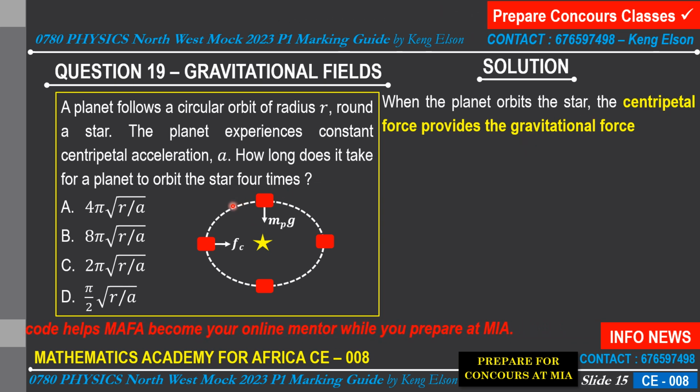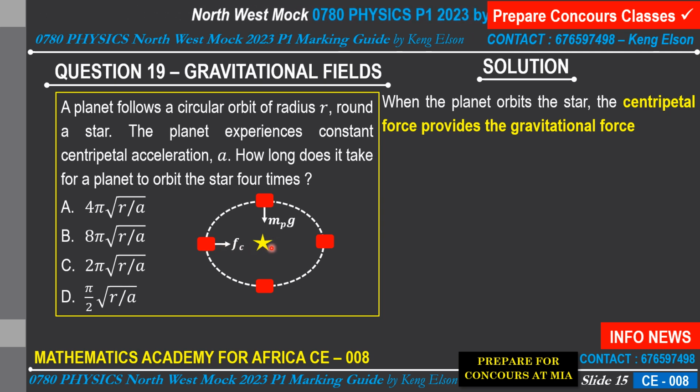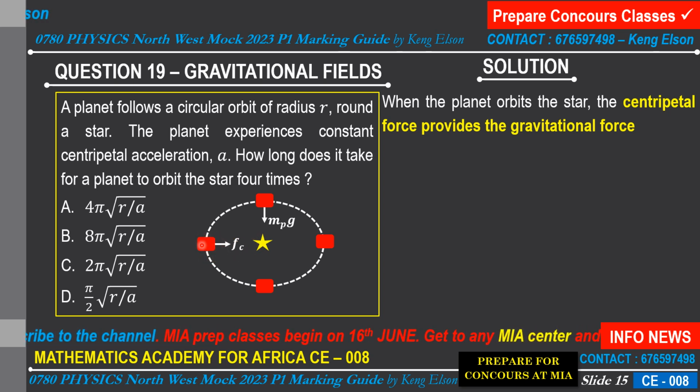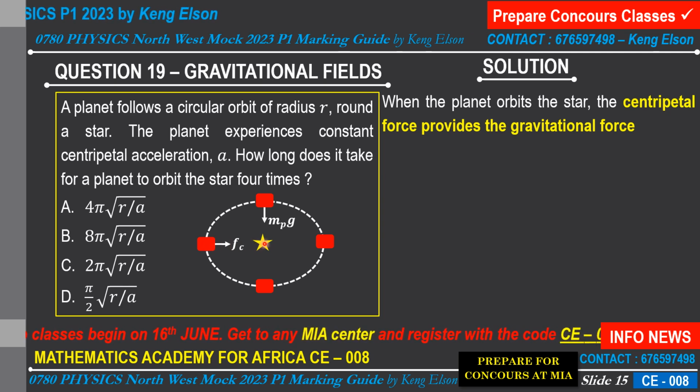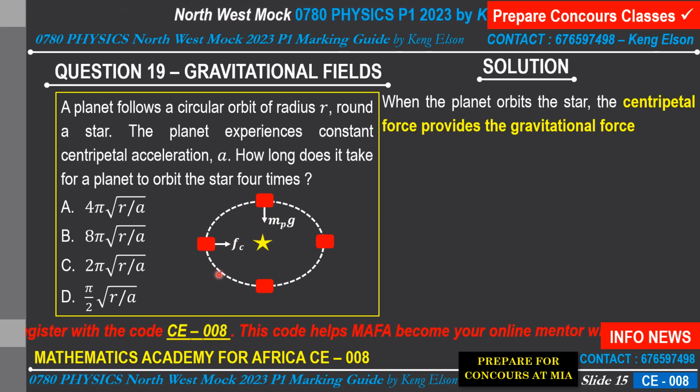That is, when the planet is orbiting the star, there is a force attracting the two of them, a gravitational force of attraction, because both objects have masses. At the same time that gravitational force of attraction is pointing towards the planet, because the planet is more massive than the star. In fact, in this case we can say it is pointing towards the star because the planet is what is orbiting the star.